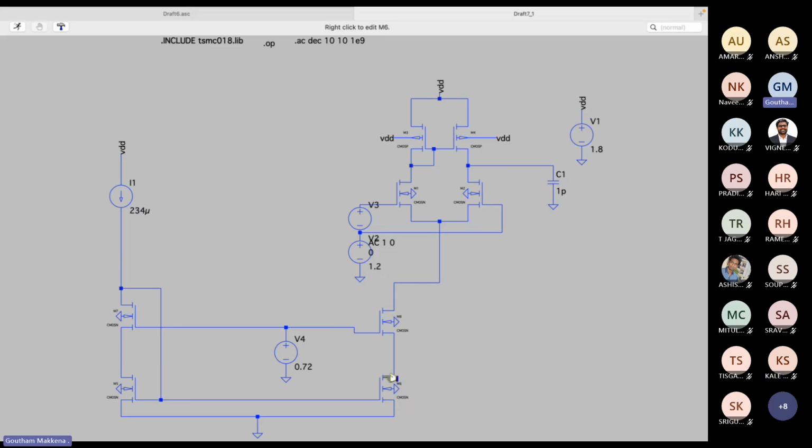Yes. Okay. Now if the overdrive of M6 is 100 millivolts, what will its VGS be? VGS is overdrive plus VTH. Yes or no? And this is nicely connected to ground, so the VTH will be ideal at 500 millivolts. Okay, so what is VGS of this one?